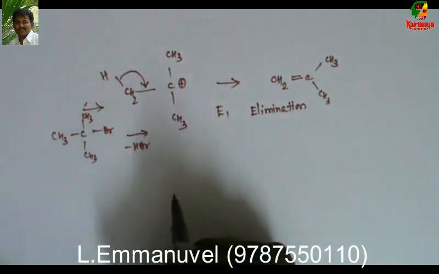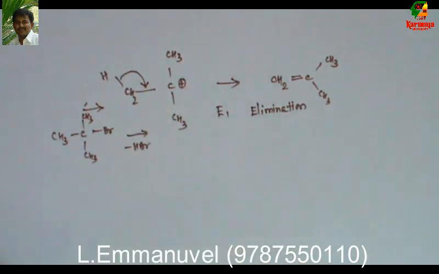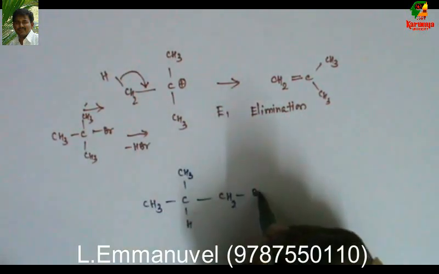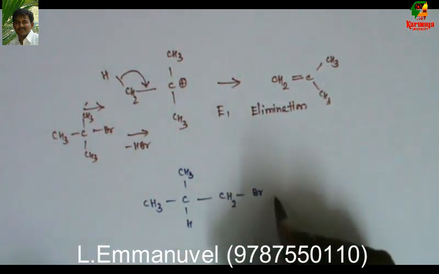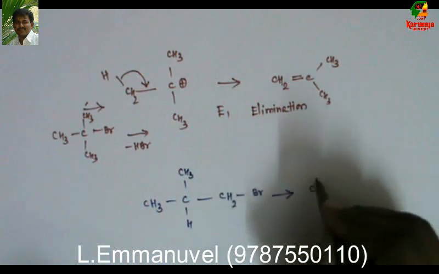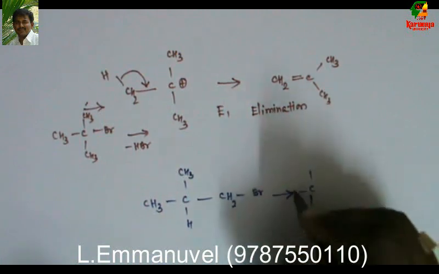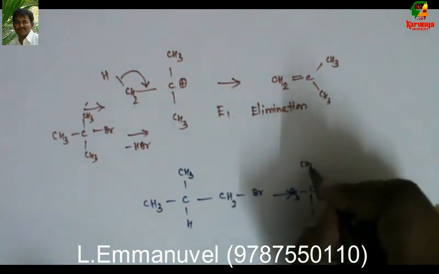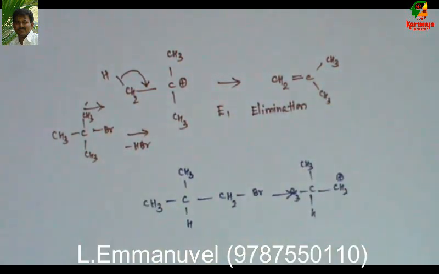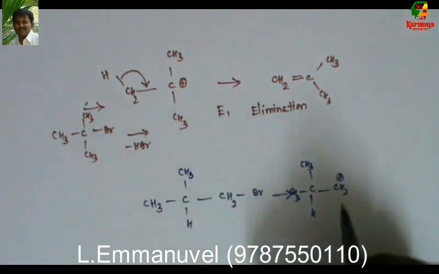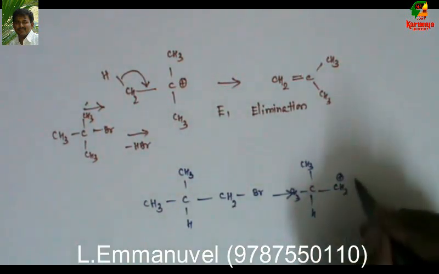Next one, it is rearrangement. Let us consider this product. This undergoes dissociation to give carbocation like this. Now, whatever I have got is a primary carbocation.